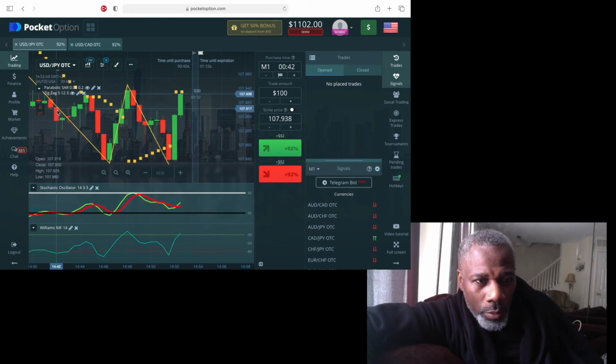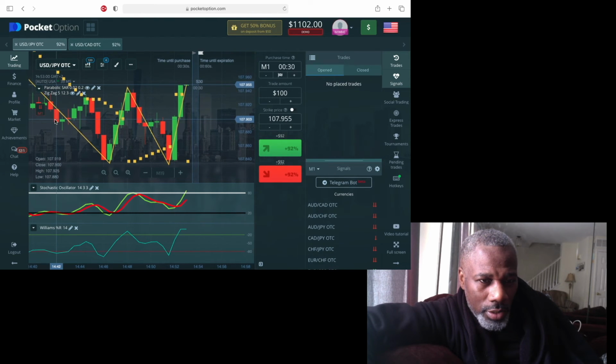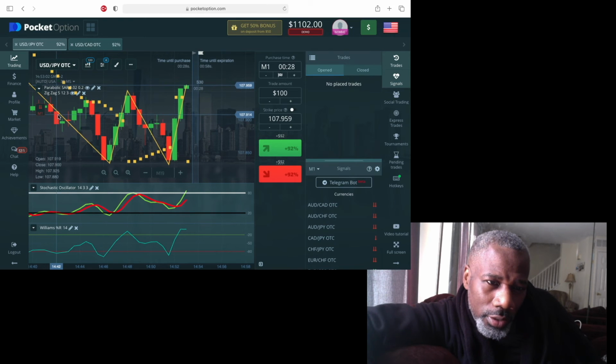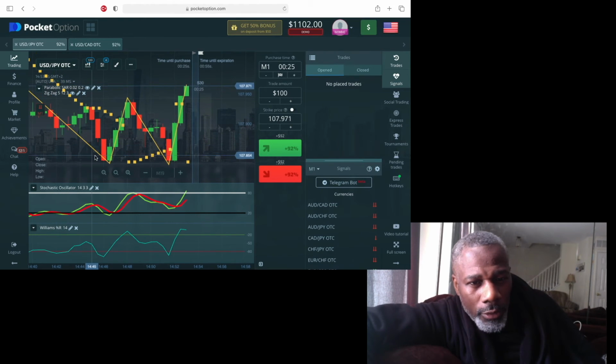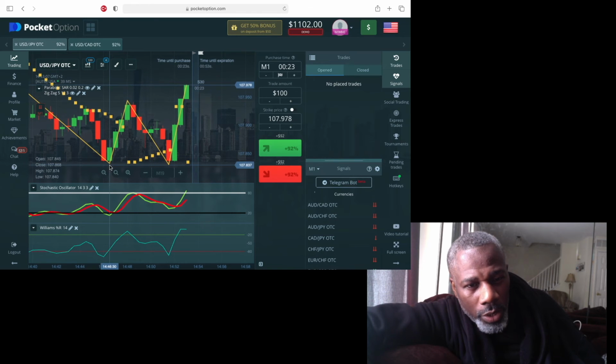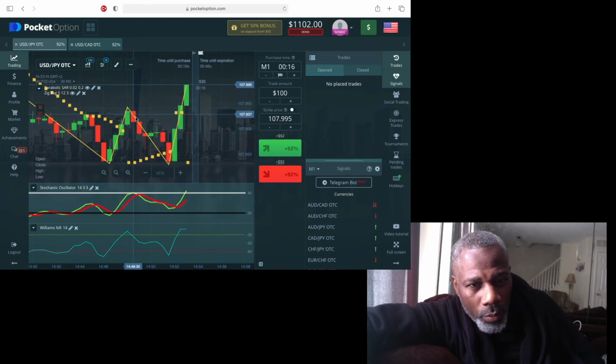The way the zigzag works, when the price is under this line right here, that means it's a sell. When it hits the low peak and goes above, you see how the green is going up, it's showing that this is a buy. When it's going down, when it hits that peak, the top of the wick of that candle, it's a downtrend.